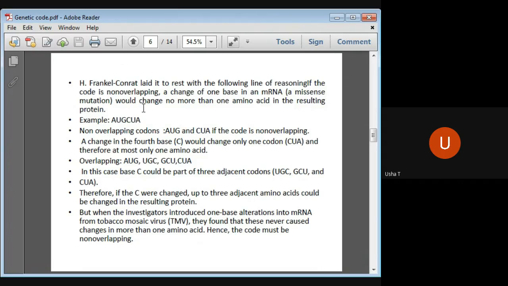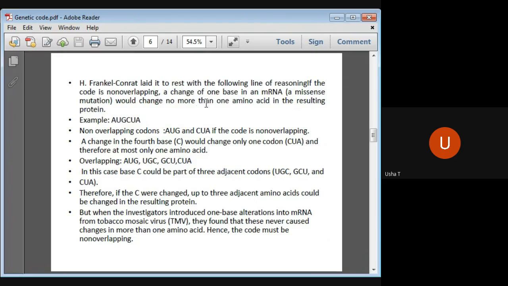These are theoretical proposals. So let's assume that the code is non-overlapping, that it has only two codons in the given example, AUG and CUA.